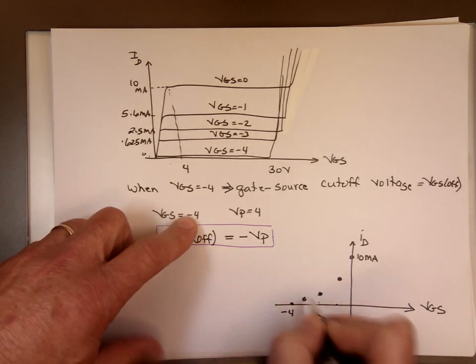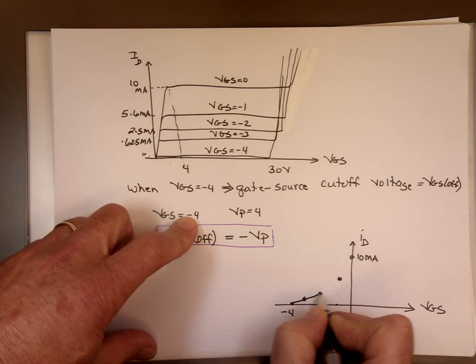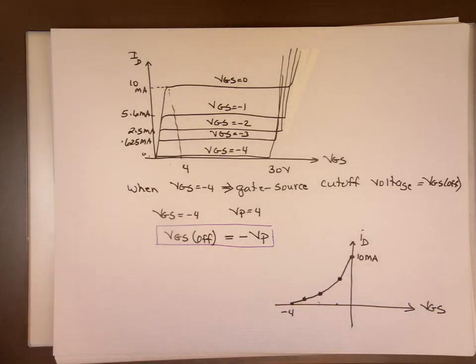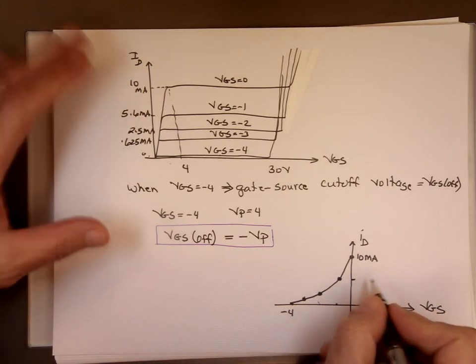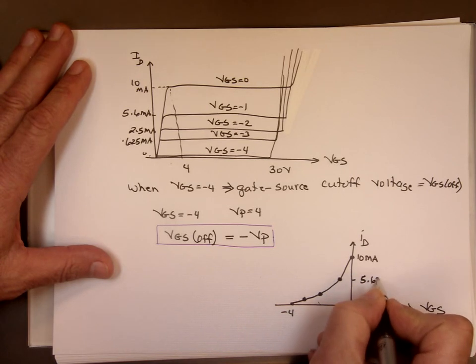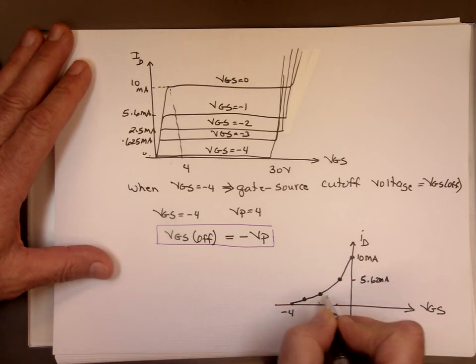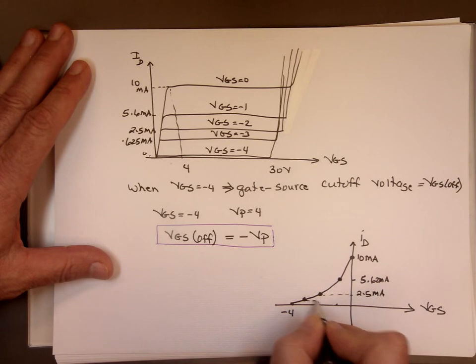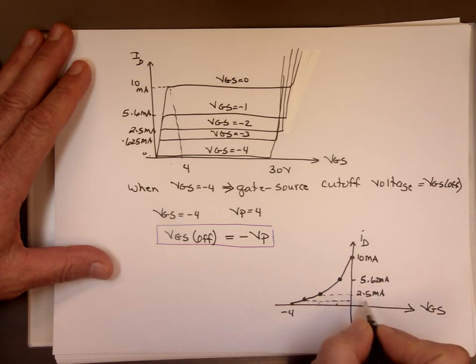So if you connect these points, that's what the graph of the current I sub D versus VGS looks like. So this is here 5.62 milliamp. This one here is 2.5 milliamp. And this one here is 0.625 milliamp.